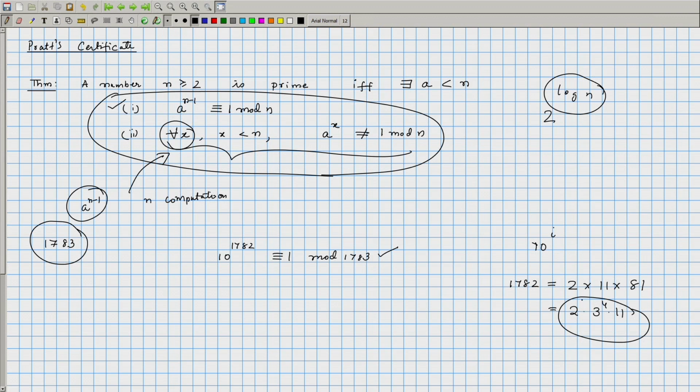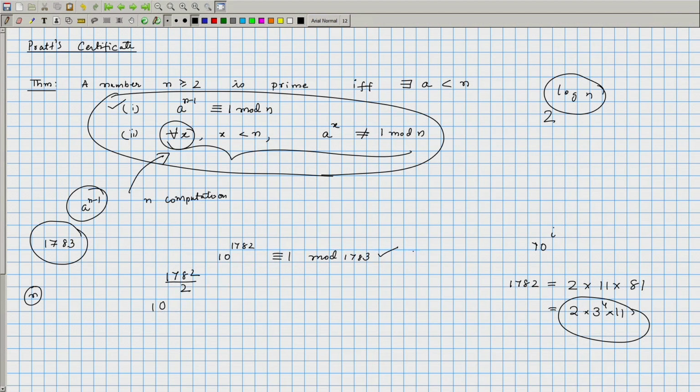So, for any number n, if we want to verify that it is prime, the prover must provide you with a factorization for n minus 1. So, 1782 can be written as 2 into 3 to the power 4 into 11. And we can compute 10 to the 1782 by 2.